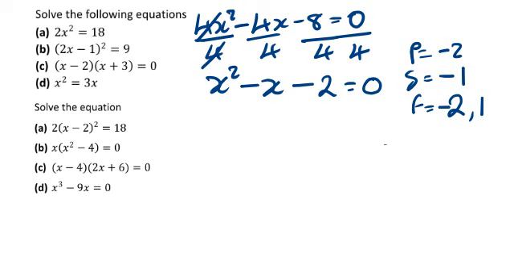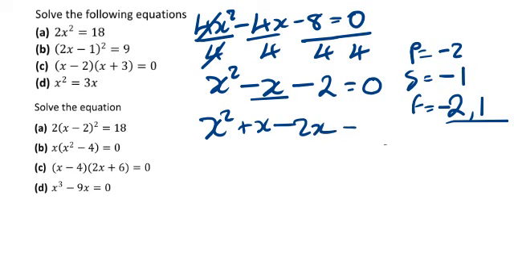So when we have this, we replace with that. So we say x squared plus x, because 1 will be positive x, but negative 2 to be negative 2x, minus 2 equal to 0. When you reach this point, you group these and then you factorize.